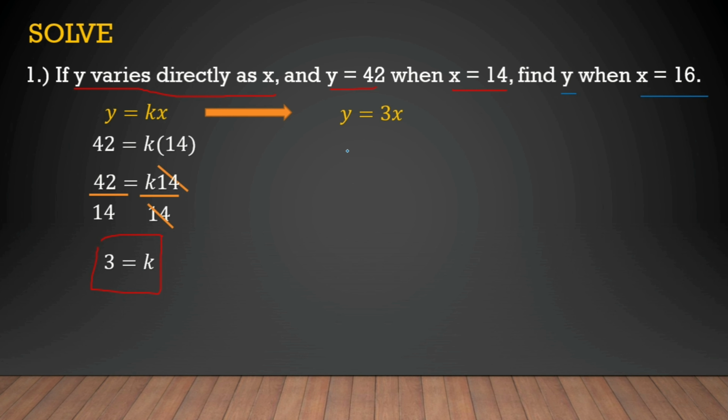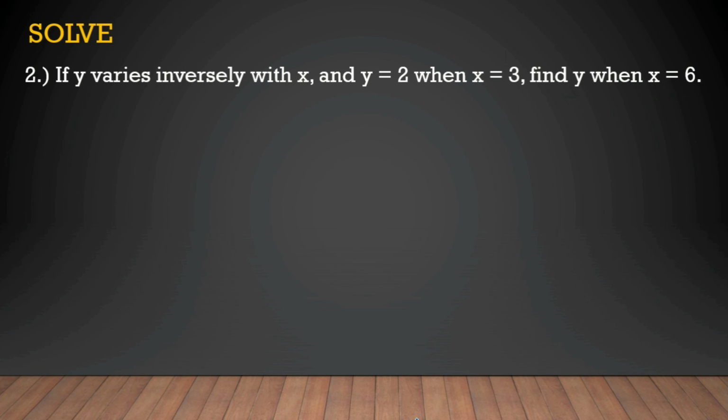So, y is equals to 3, yung constant, tas yung x naman na 16. So, 3 times 16 is equals to 48. So, therefore, ang sagot dito sa unang problem natin, find y, ang y natin is equal to 48.